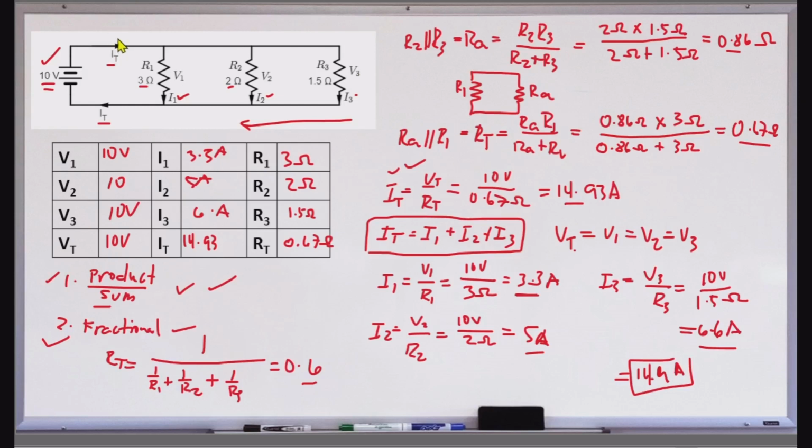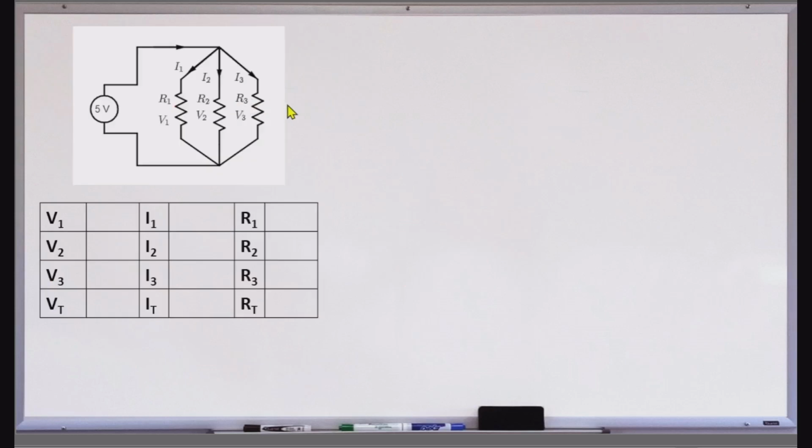The total current is being divided to the individual components, right? In this example, the total current is divided into 3: I1, I2, and I3.